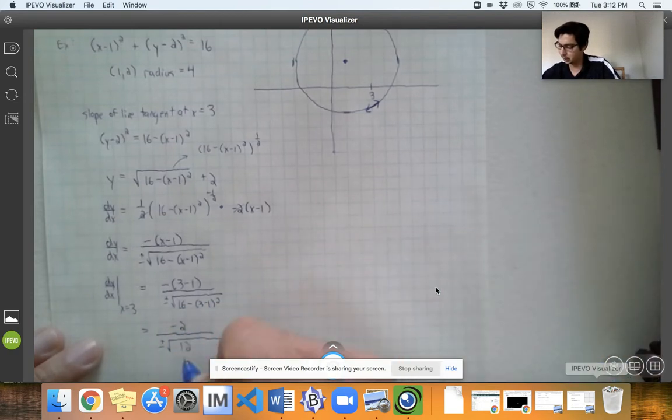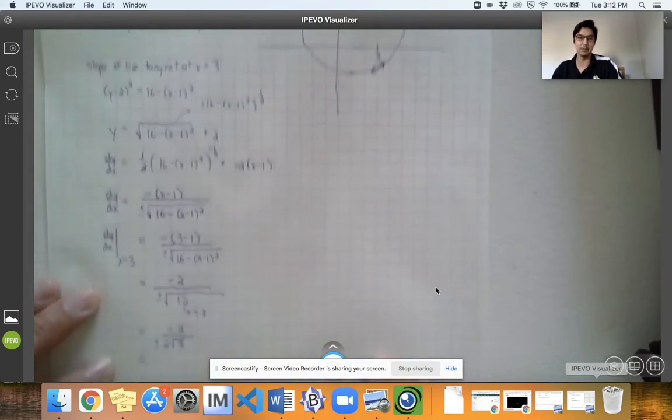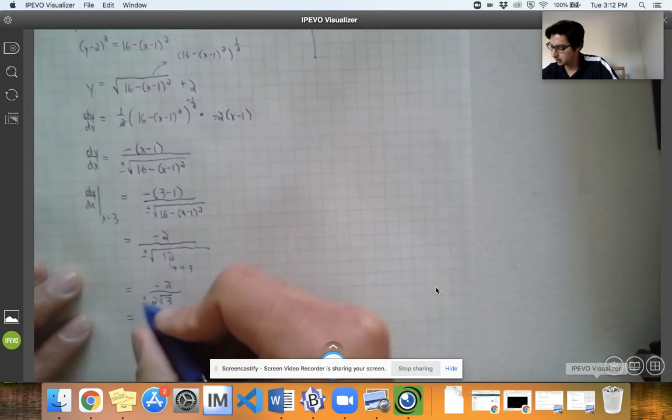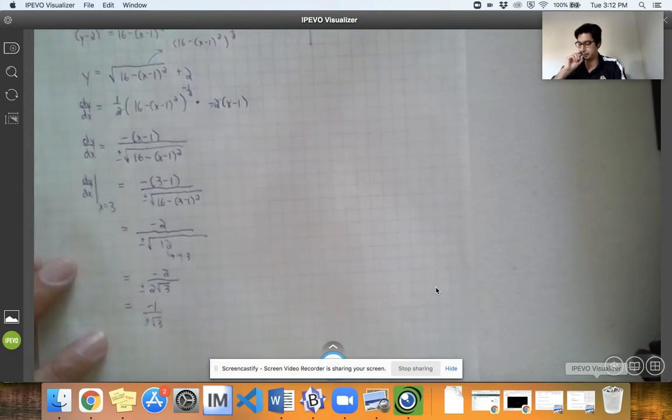And I can break 12 down as 4 times 3, which will allow me to take out the 4 as a square root and write that as 2 root 3, plus or minus. A simple final step is I would say that it's negative 1 over plus or minus root 3.